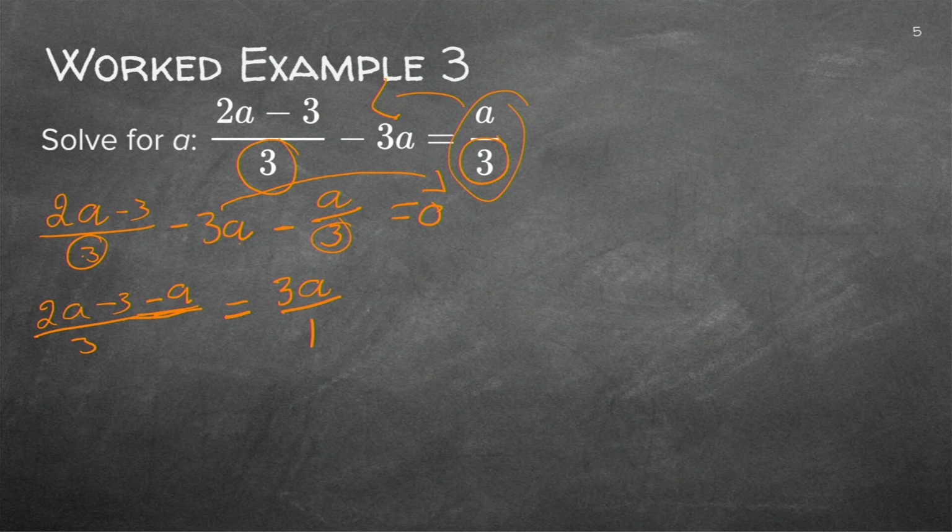Let me just make it a fraction now over 1. And simplifying this value, you have 2a minus a, so you are left with a, and minus 3 over 3 equals 3a over 1. And now we can easily cross multiply our values so that it's now a straight equation.